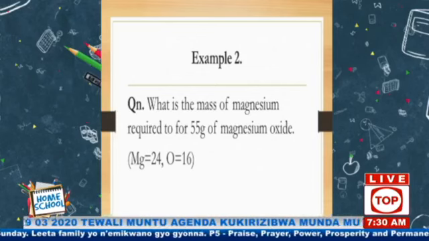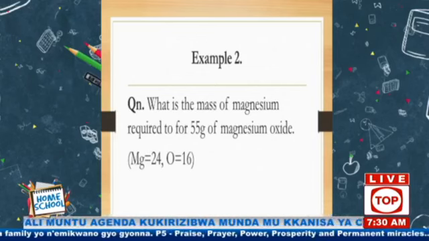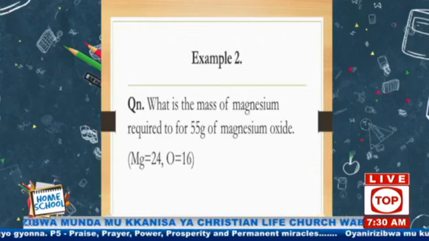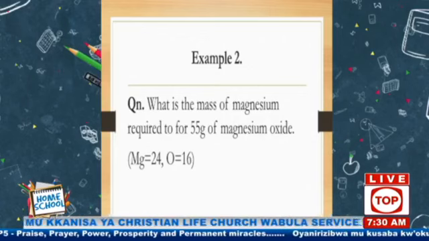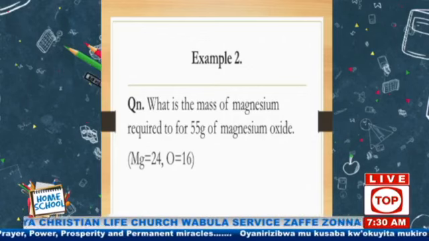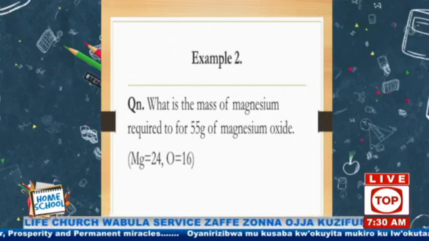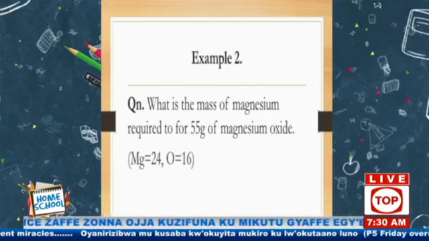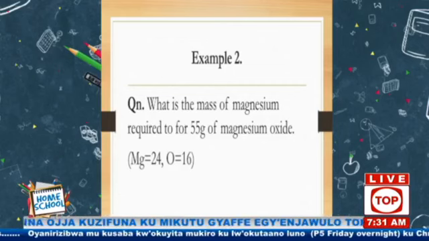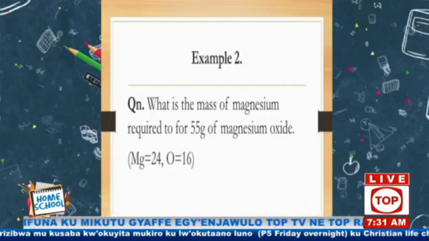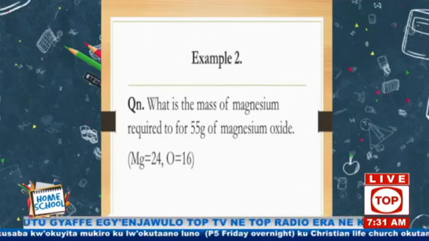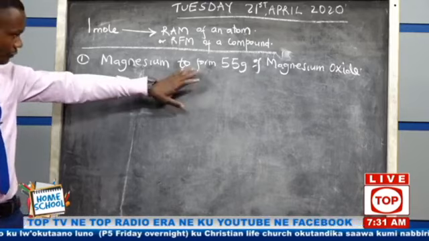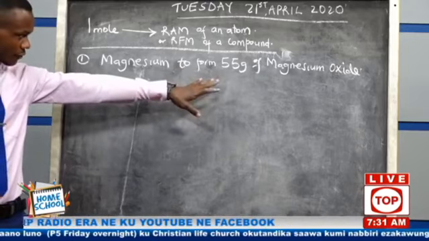They want the mass of magnesium required to form 55 grams of magnesium oxide.